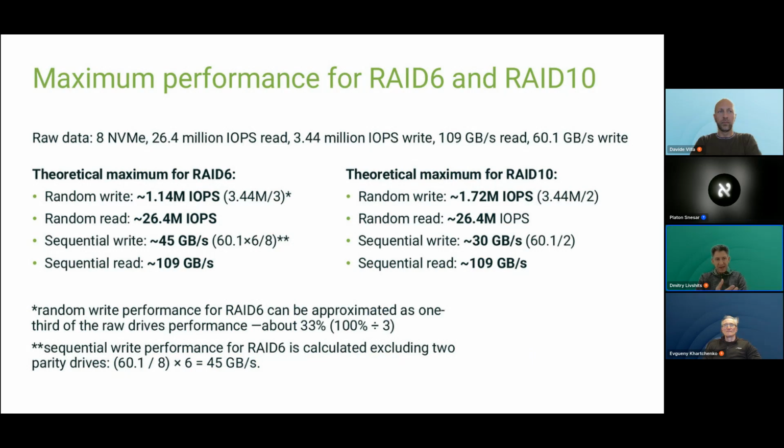Out of the 8 drive subsystem, we can get 26 million IOPS read, which is an extremely substantial number from just one server. We can also get more than 3 million IOPS write, more than 100 gigabytes per second read, and 60 gigabytes per second write.